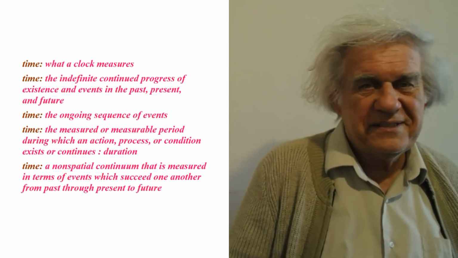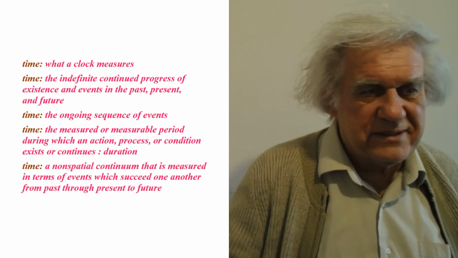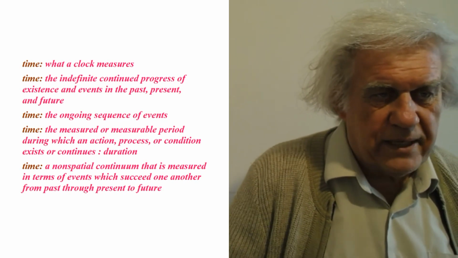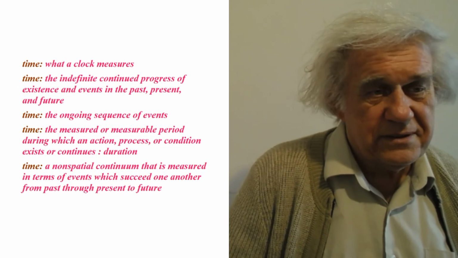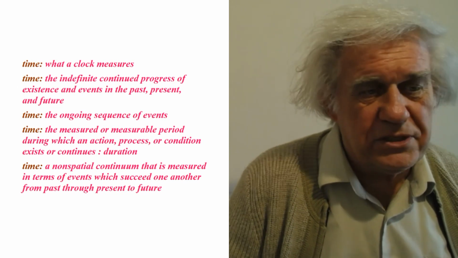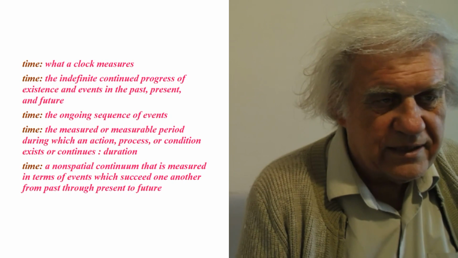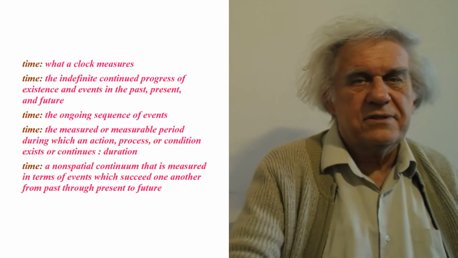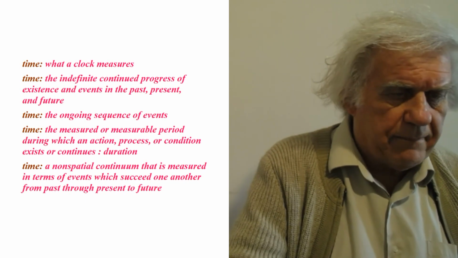During which, period during which, obviously you're talking about time already. An action, process, or condition exists or continues, meaning duration. And then you have time, non-spatial continuum, that is measured in terms of events which succeed one another from past through present to future. Again, people have never learned how to define words scientifically.